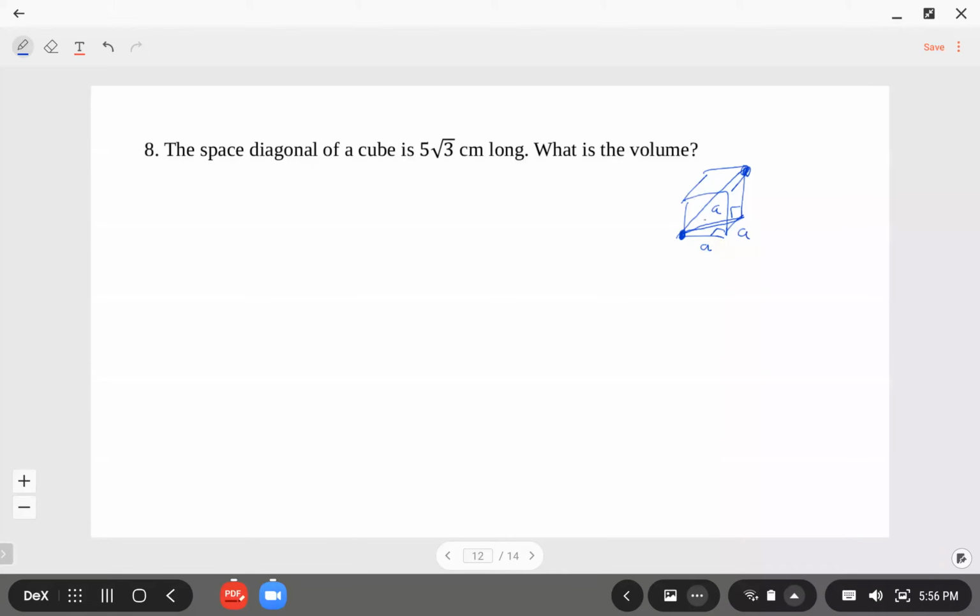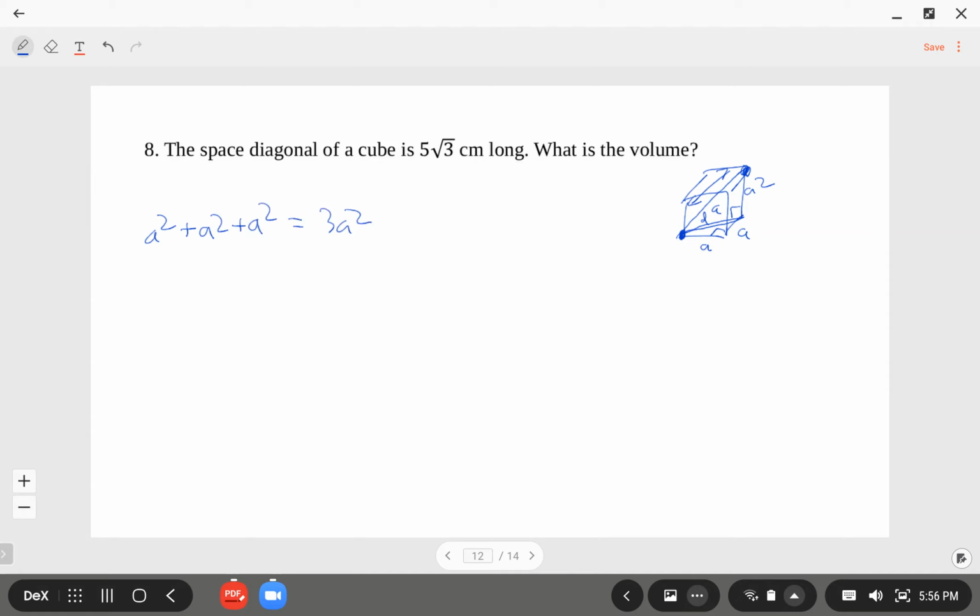And to get D right here, we can have A squared plus A squared plus A squared equals 3A squared.